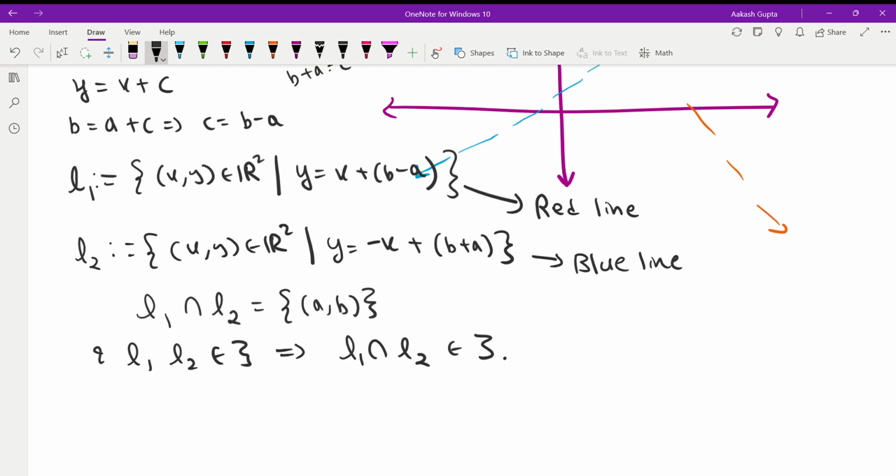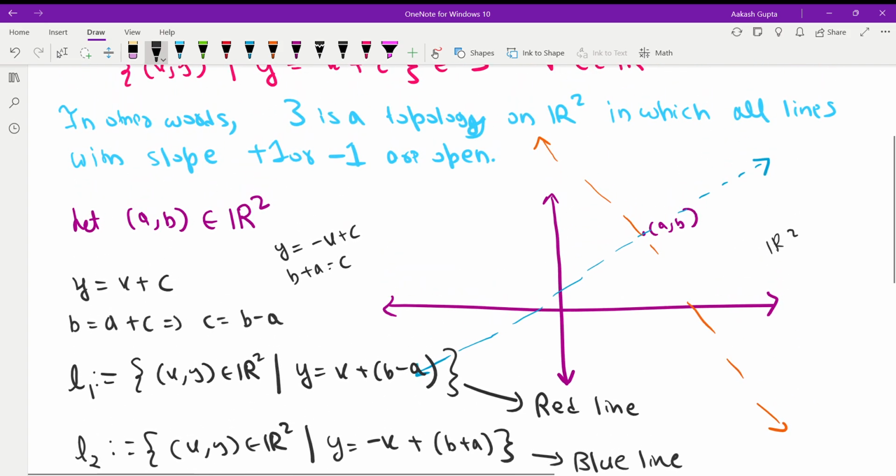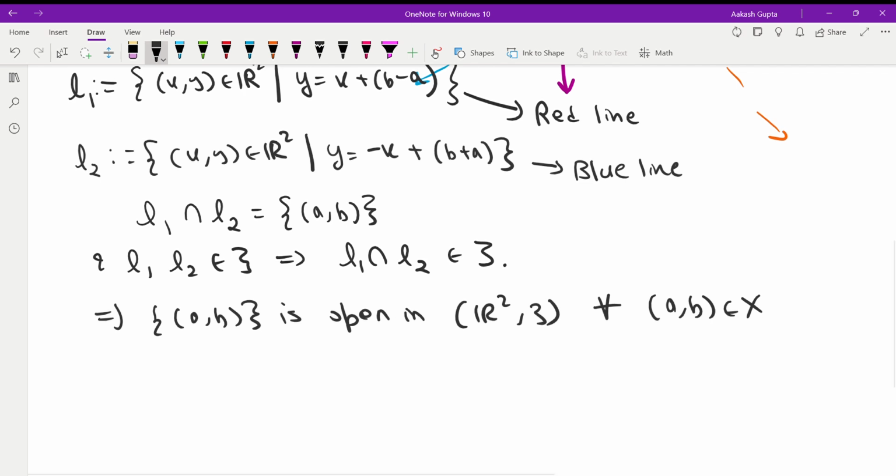So from the definition of topology, what you get here is that the singleton (A, B) is open in R2 along with tau, for every (A, B) in X, or R2. I have taken my set X to be R2. I think this is fine.